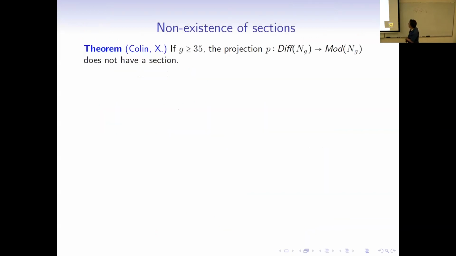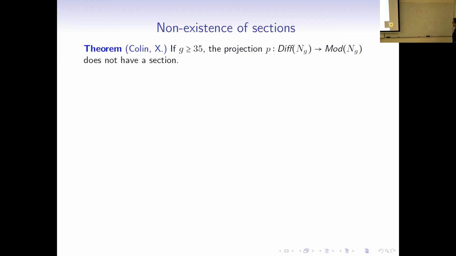So that's the story for finite groups. So what about infinite groups? Let me just say very quickly that if you think of the orientable case, it's well known that this projection doesn't have a section for g greater or equal than 5.